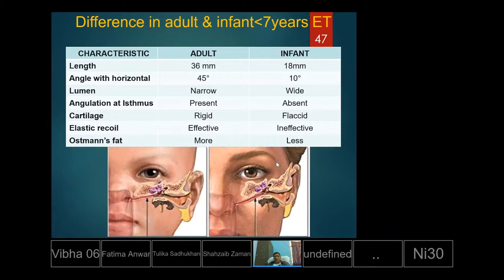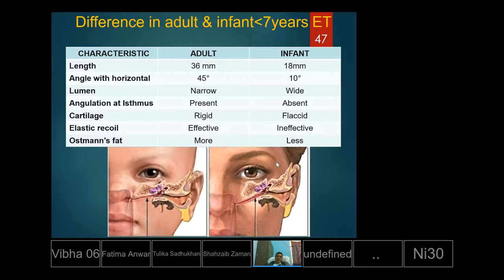The bony part in adult is one third, but in infant this bony part is slightly longer than the cartilaginous part. The angle with horizontal is 45 degrees in adult, while 10 degrees in infant.